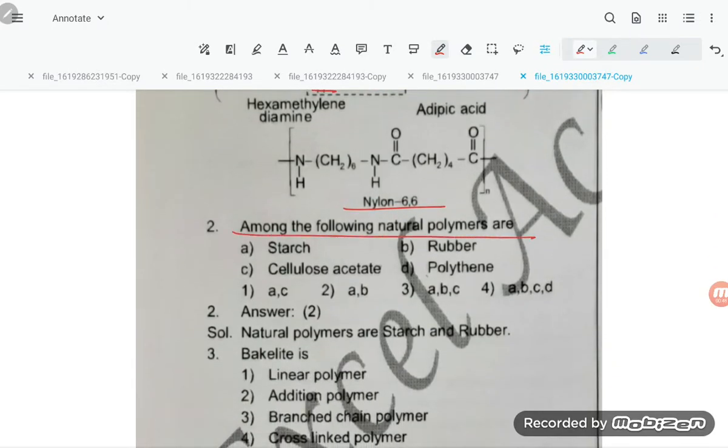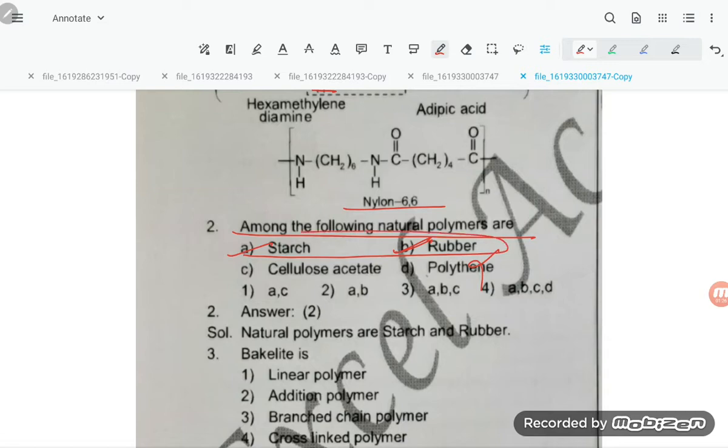Among the following, which are natural polymers? Starch, natural rubber, cellulose acetate, and polythene. Polythene is artificial, so it is not the answer. Students, there are two types of rubber, but natural rubber is natural.